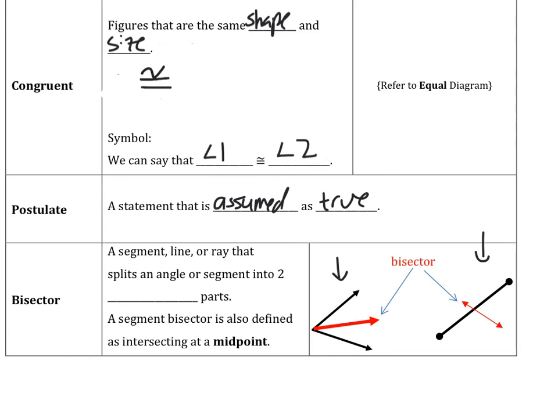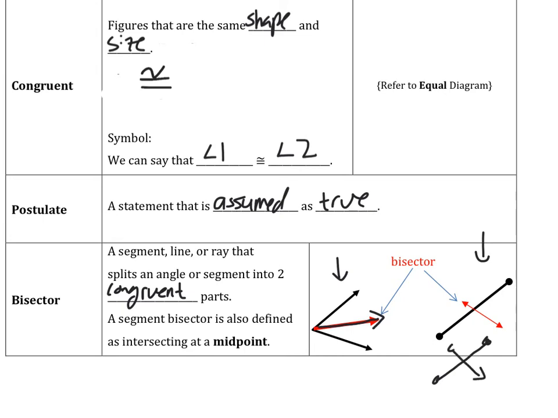So a bisector is a segment, line, or ray that splits an angle or a segment into two congruent parts, okay? So an angle can be bisected by a ray, and a segment can be bisected by a line, like we see in the picture.